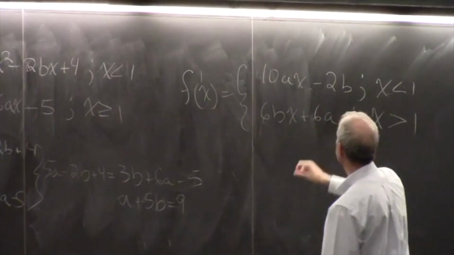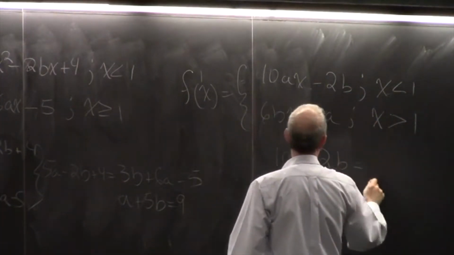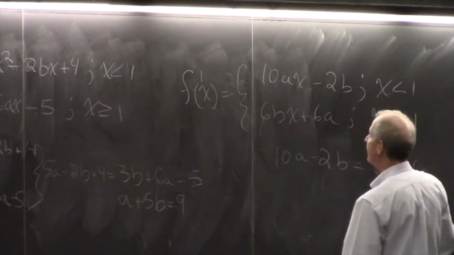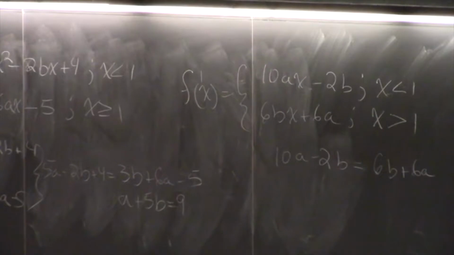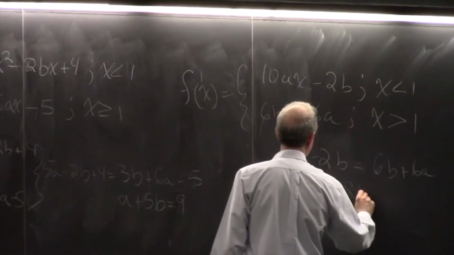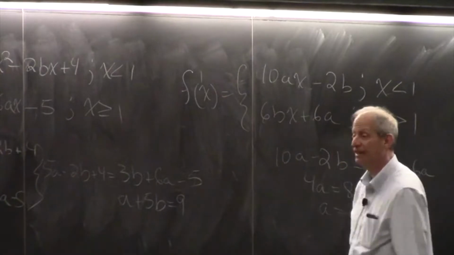When you plug 1 into the top, you get 10a minus 2b. And when you plug 1 into the bottom, you get 6b plus 6a. And they have to be equal. So 4a has to equal 8b, or a has to be 2b.